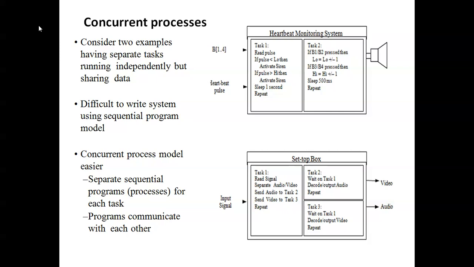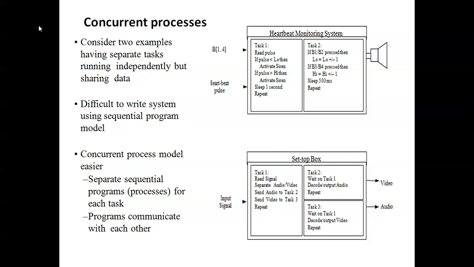For example, the heartbeat monitoring system has task 1 and task 2. So it is a concurrent process.